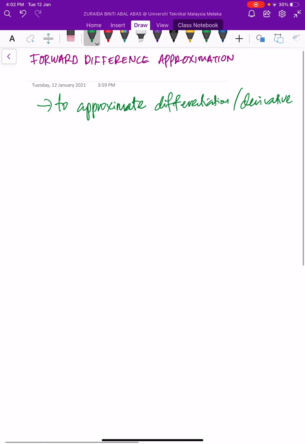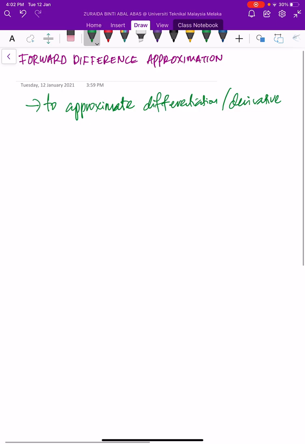For today's lecture, we're going to have a forward difference approximation. So forward difference approximation is used to approximate differentiation or derivative. I'm going to show you the formula for forward difference approximation. You want to find the derivative of the function, f prime x.